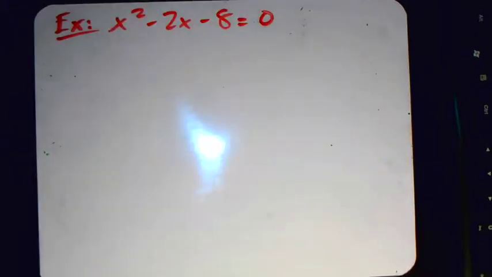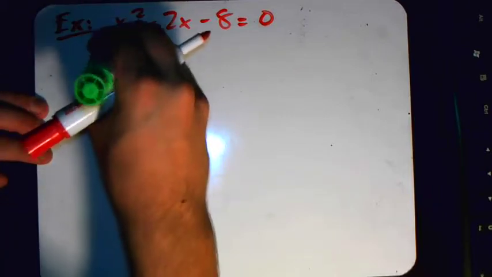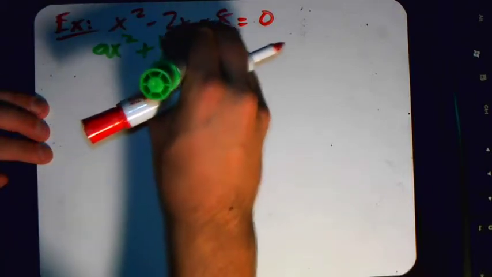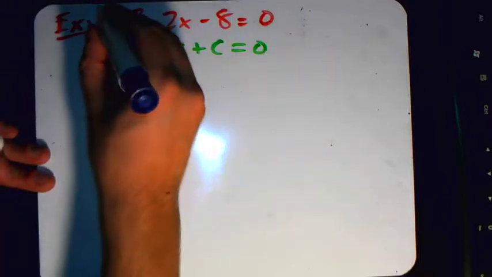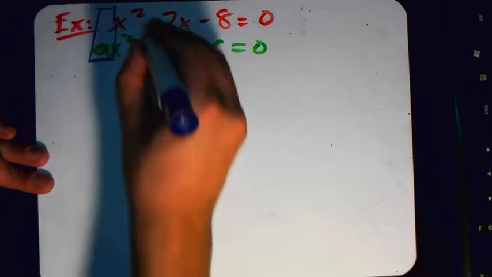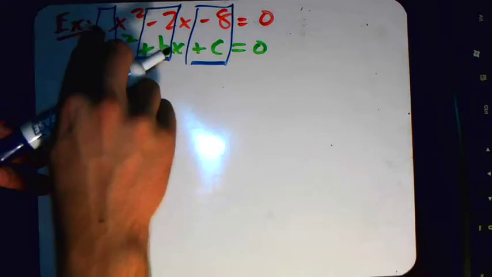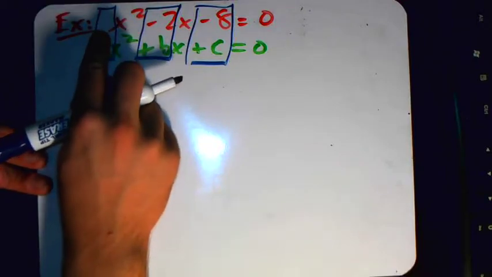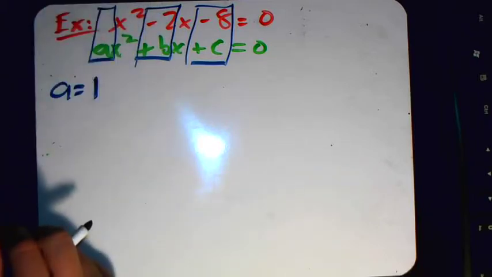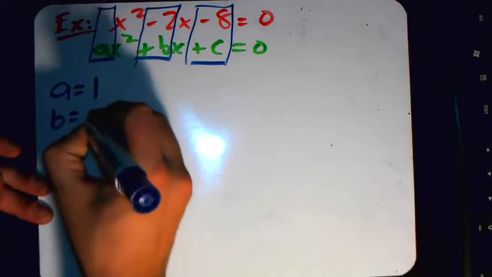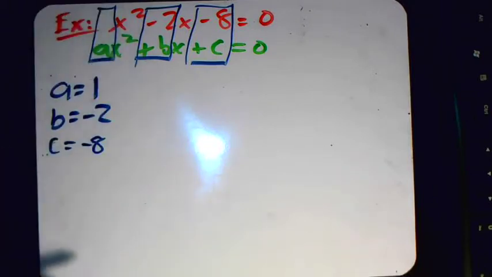This is set up in the exact same way that our general formula is, with an ax squared plus bx plus c set equal to 0. Now we can match up all of the terms. To get our a equal to 1, since there is nothing in front of the x squared, it is the same thing as 1. Our b is equal to negative 2, and our c is equal to negative 8.